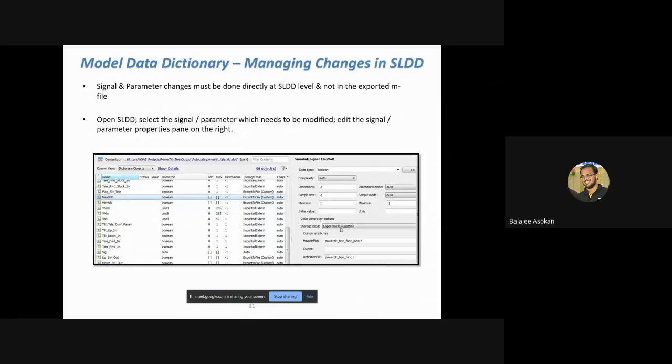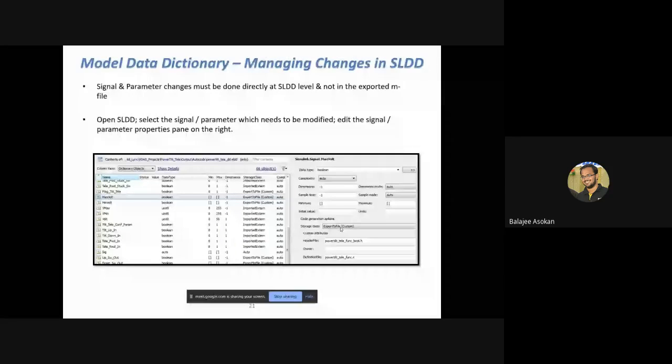When you define an export storage class, you have to explicitly define your header file and definition file. Based on the header file and definition file information that I have over here, my final code, whatever my model is giving, will be generated appropriately.